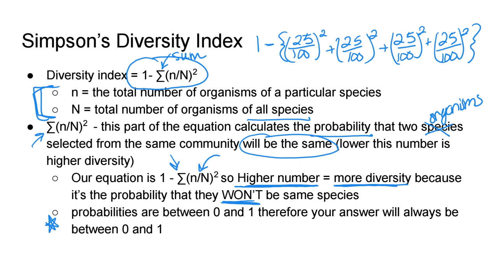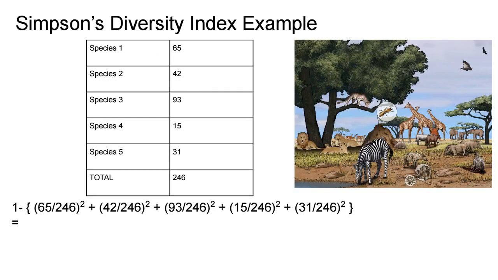We're going to look at an example for this, and we'll obviously manipulate this in class as well. Let's look at this community. I have 5 different species within that community for a total of 246 organisms. Remember, it's n over capital N. So species 1 is 65 divided by my total, squared.